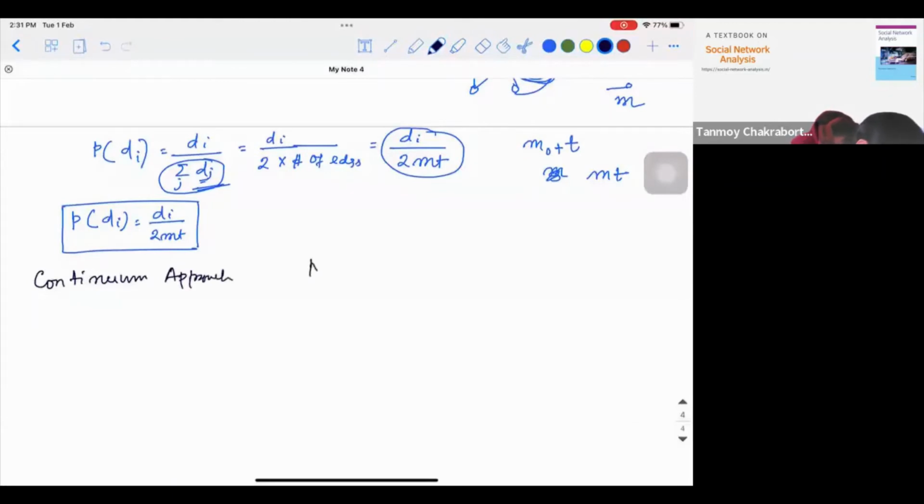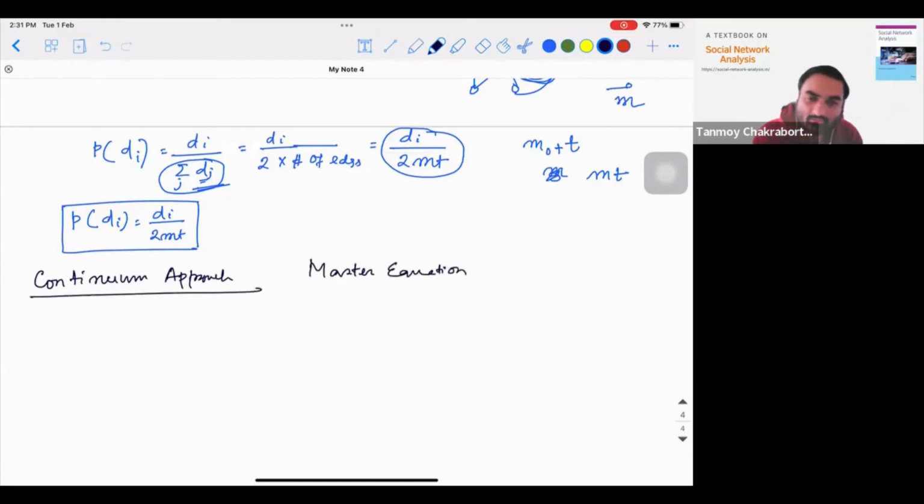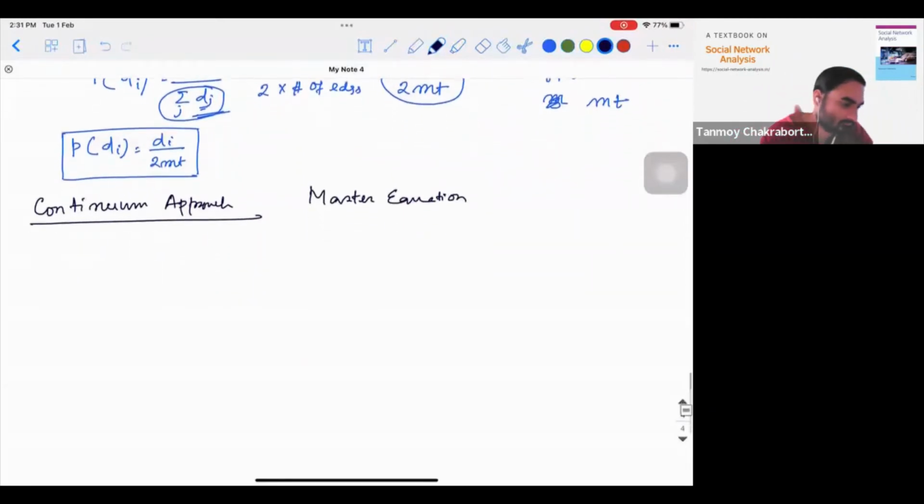The other is called the master equation. Both these approaches are used to analyze the degree distribution of a particular network. We will look at the continuum approach first, and then the master equation. So let's start with the continuum approach.